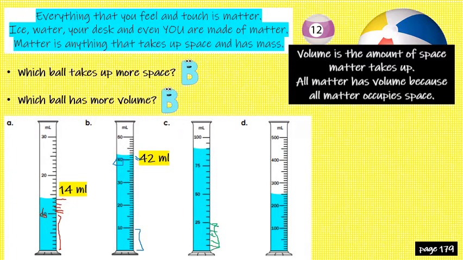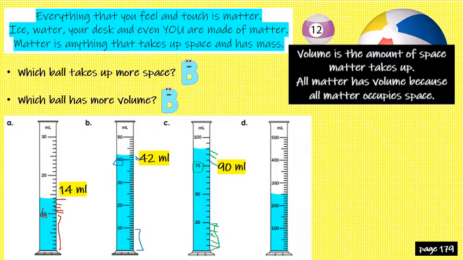So each line is equal to 5 milliliters. We'll start counting from here. 75, 80, 85, 90. So the volume of the liquid in the third graduated cylinder is 90 milliliters. Perfect. Good job.